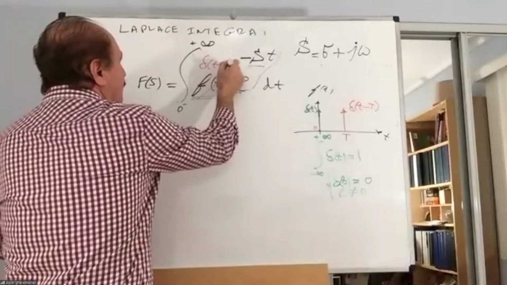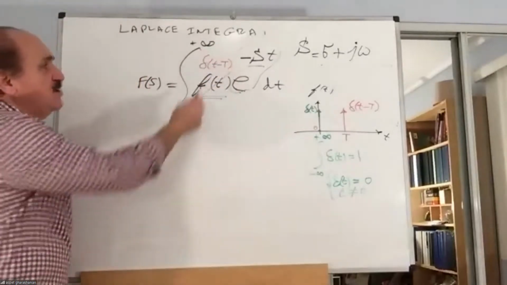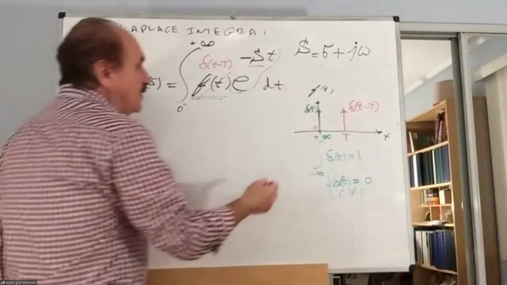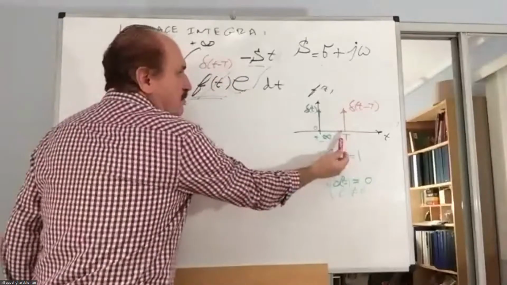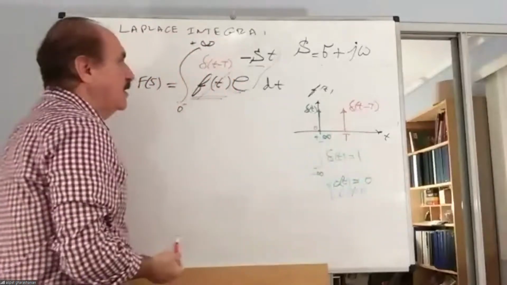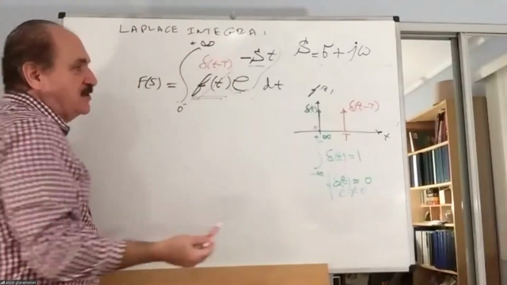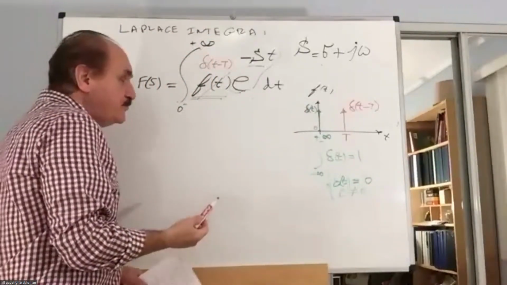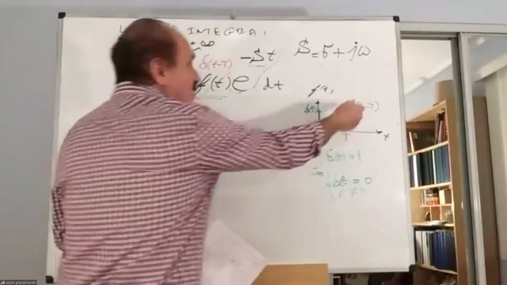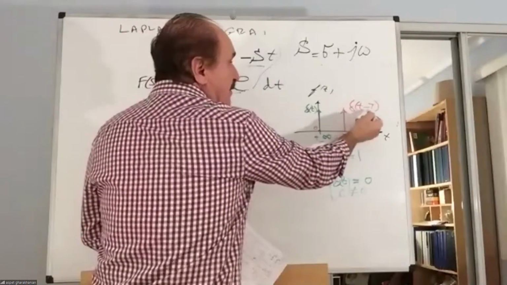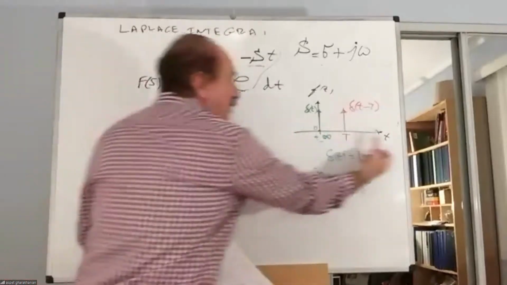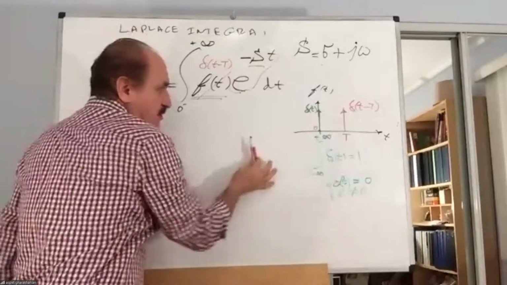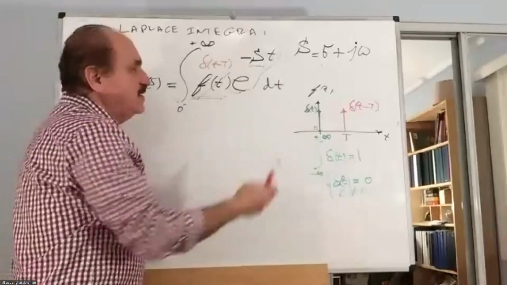The function delta of t minus T mathematically implies that it is 0 all over the place, except at the time T, which we don't know what the value is. But we know that the integral of delta of t minus T from minus infinity all the way to plus infinity, which includes the 0 minus to this side, is equal to 1.